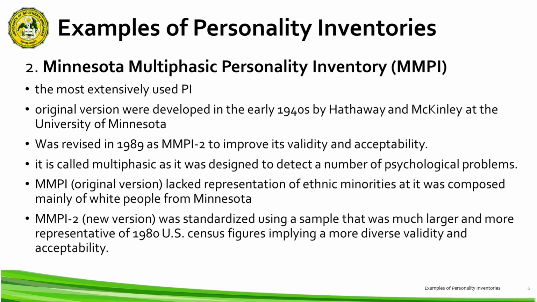So the original sample assessed was composed mainly of white people from Minnesota, and so it lacked representation of ethnic minorities, which questions its validity to the general population. And then the new version was standardized using a sample that was much larger and more representative of the 1980 US Census figures. So you might wonder why it is called multiphasic. The reason behind it is that it was designed to detect a number of psychological problems.